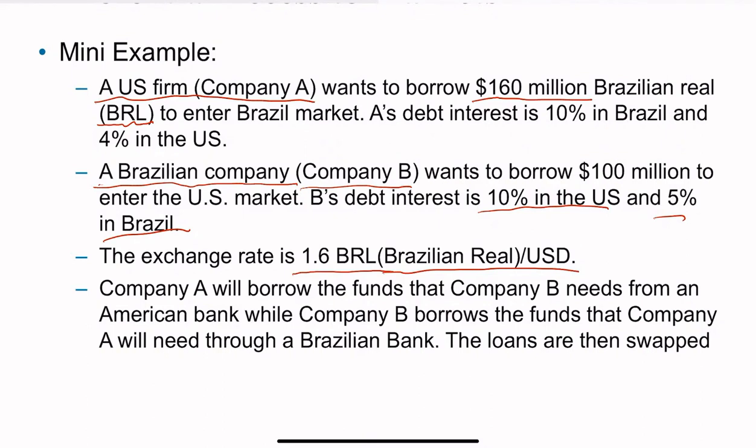So basically firm A should borrow the funds that firm B needs from a US bank, right? It's like firm A is helping firm B to borrow the funds because firm A has lower cost of capital in the US.